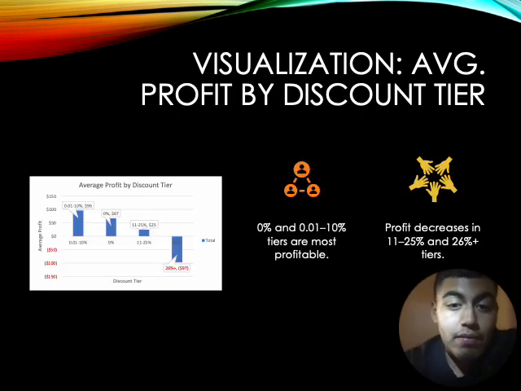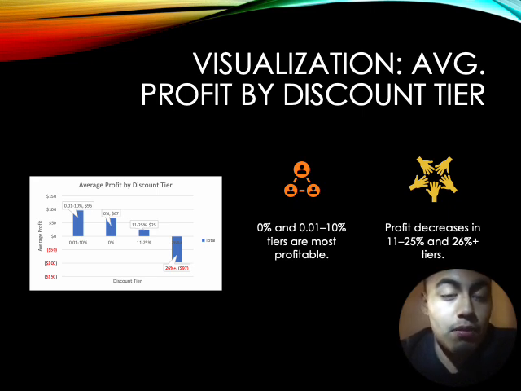For the first visualization, I understood that deeper discounts don't always necessarily mean better outcomes. This is one factor to pay attention to as we move forward. The trend is clear in this graph: the higher the discount, the lower the average profit.